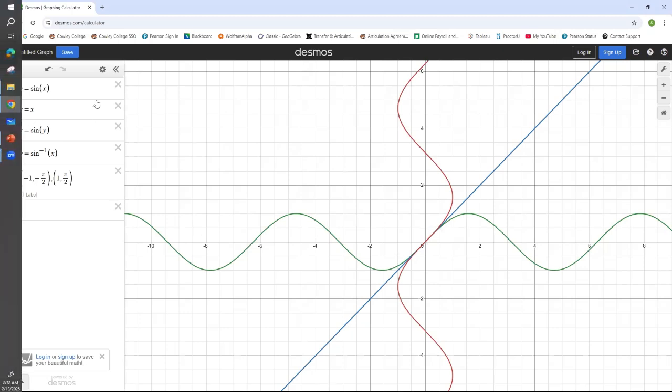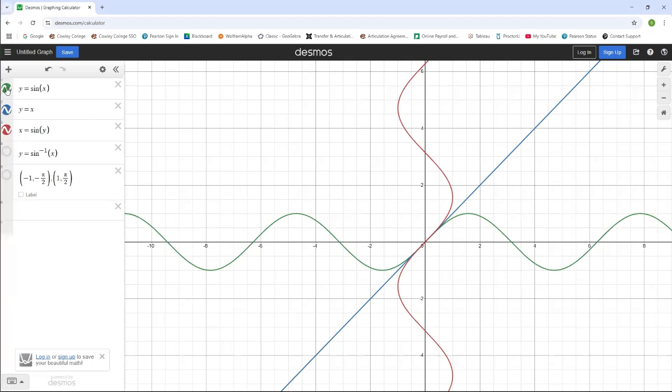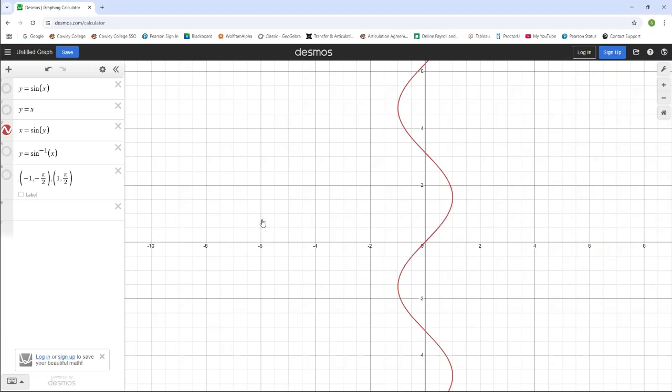So if I turn everything else off and we just see the inverse function, we have a problem. I called it an inverse function, but a function has to pass the vertical line test. And so if I run a vertical line through this inverse of the sine, it's going to touch it in many places, an infinite number of places. So we fix that by restricting the domain so that the domain is only going to go between these 2 points.